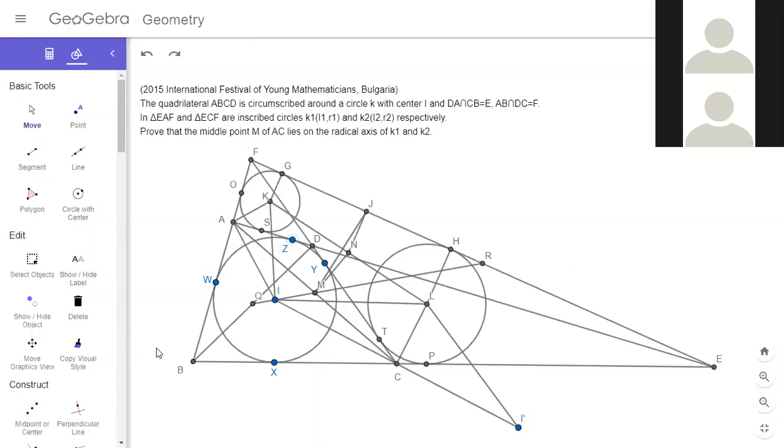Yeah, I mean, we can take I to be the intersection of the angle bisectors of A and C. We haven't used B and D yet. So maybe we want to use that I, M, and R are collinear.